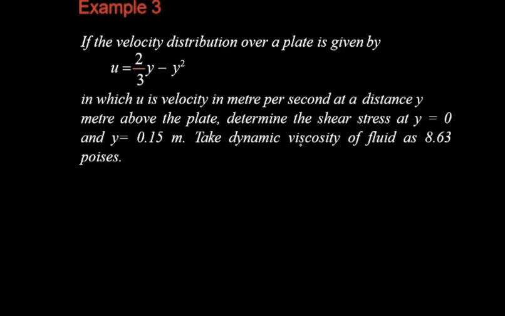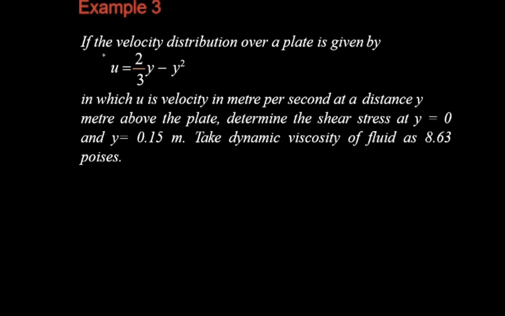If the velocity distribution over a plate is given by u is equal to 2 by 3y minus y square, in which u is the velocity in meter per second at a distance y meter above the plate, determine the shear stress at y is equal to 0, and also at y is equal to 0.15 meter. Take dynamic viscosity of fluid as 8.63 poise.